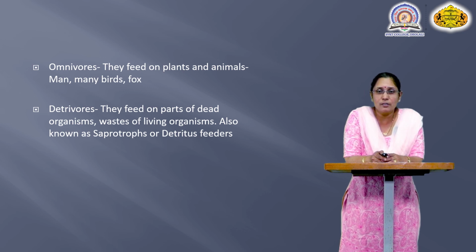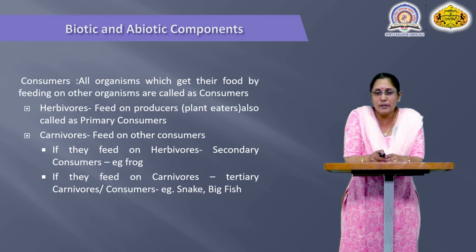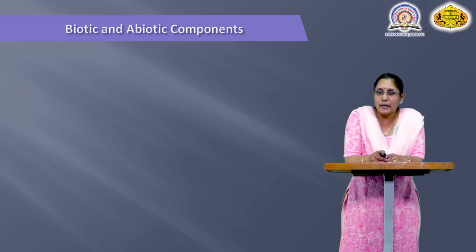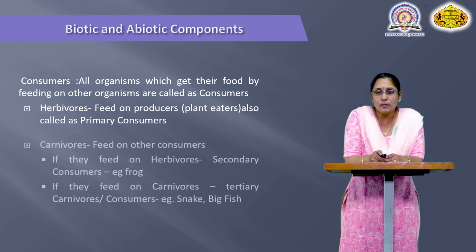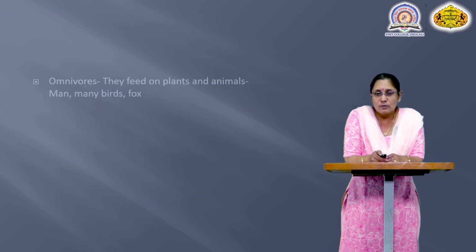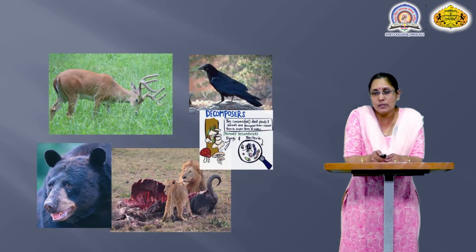Those organisms are known as detritus feeders. So omnivores, detritivores, and earlier herbivores and carnivores are all parts of the biotic components. So this is all about the biotic component.